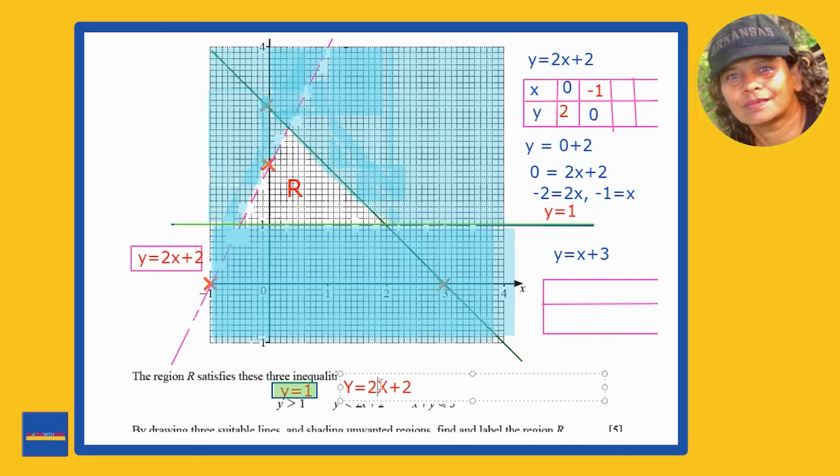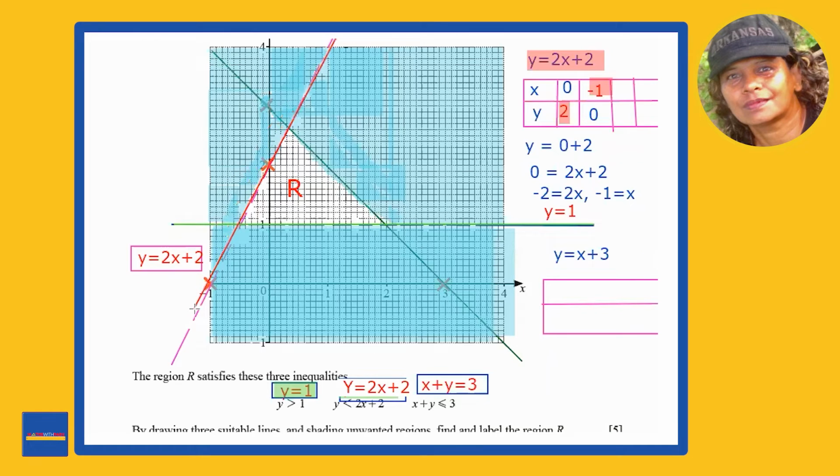And we have found some values for it as well. If you find when x is 0, y is 2, and when y is 0, x is minus 1, and we draw this line, y equals 2x plus 2.